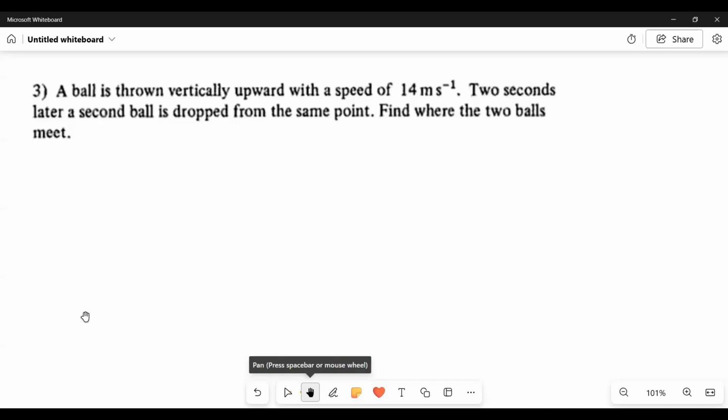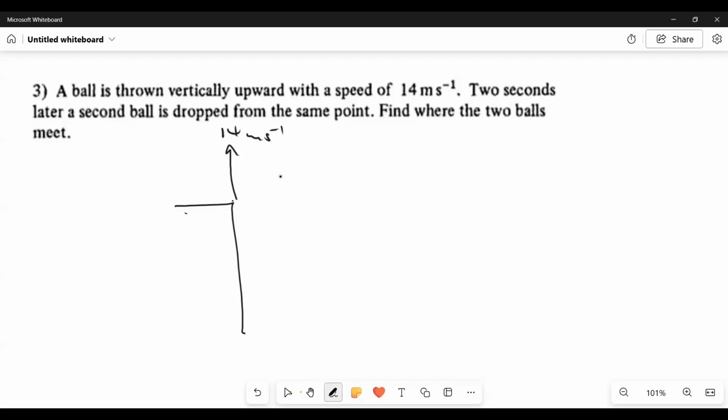So what's happening here really? A ball is thrown vertically upward with a speed of, it doesn't say the height here, but it seems as though it's from some height. So one is thrown upwards with 14 meters per second.